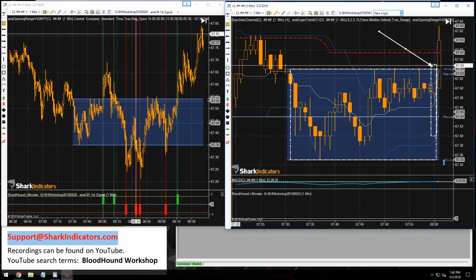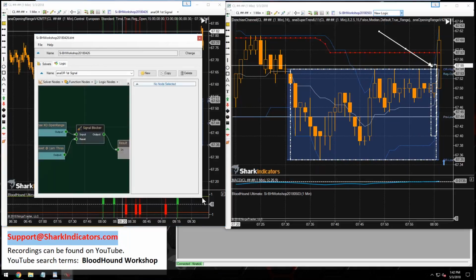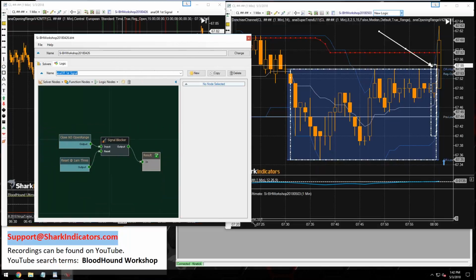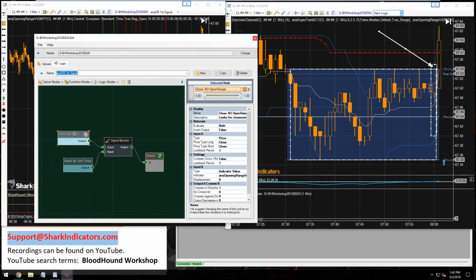Okay, all right. Before I get started, let me take a quick peek at last week's logic. That was just a simple crossover solver, checking to see when price crosses over the upper range or the lower range plot.